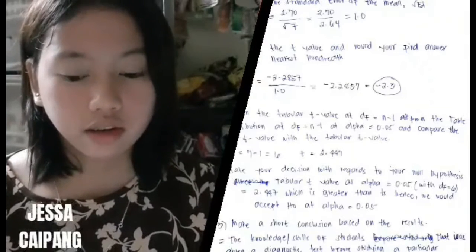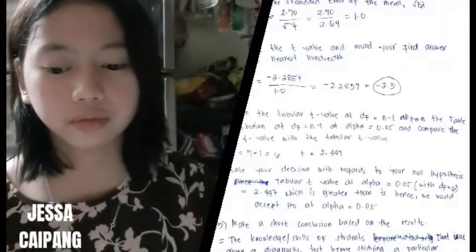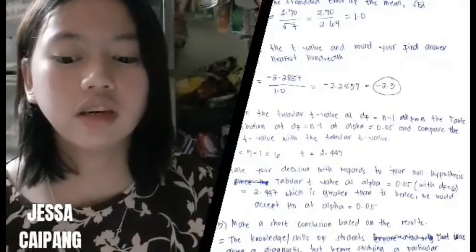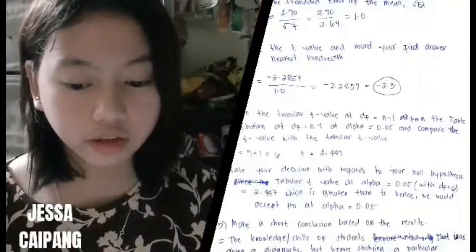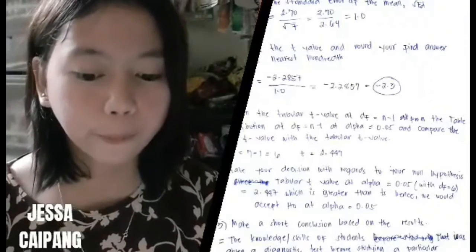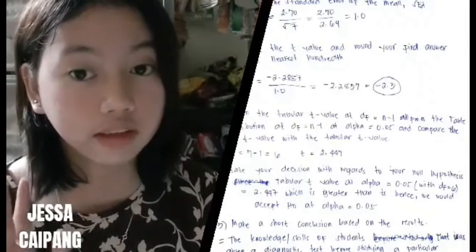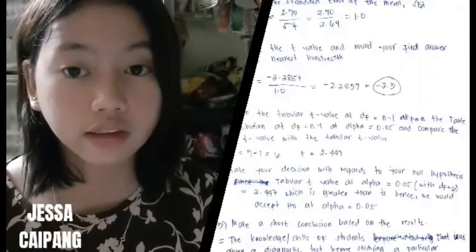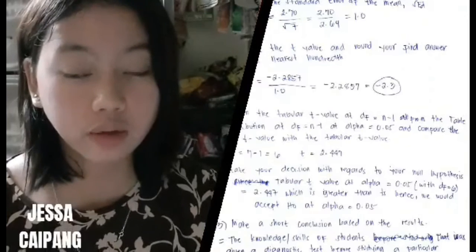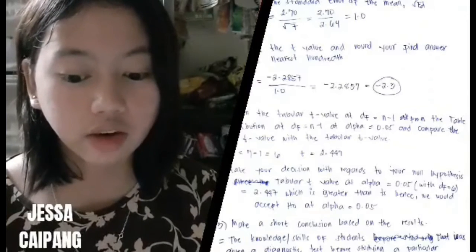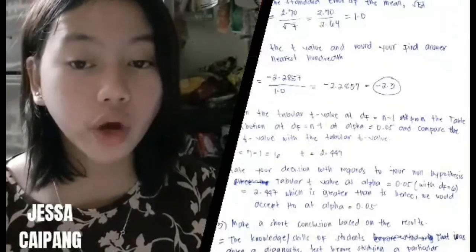Next, calculate the t value and round your final answer to the nearest hundredth. So, t is equal to d over the standard error. Let us substitute. Our d is negative 16 divided by 7, which becomes negative 2.2857.